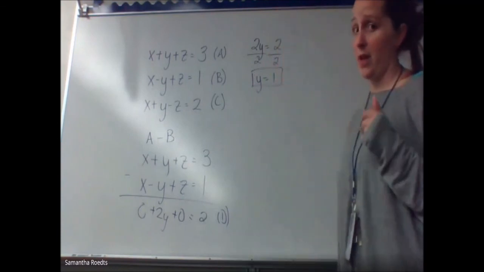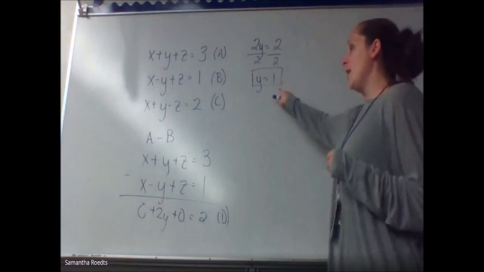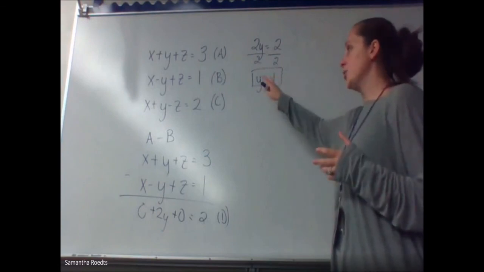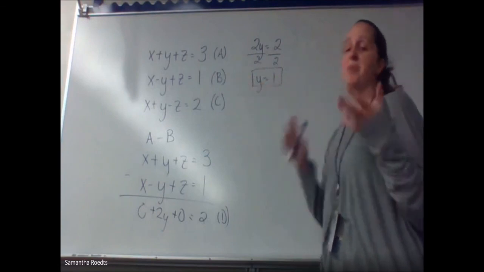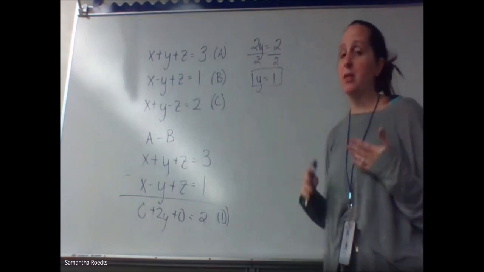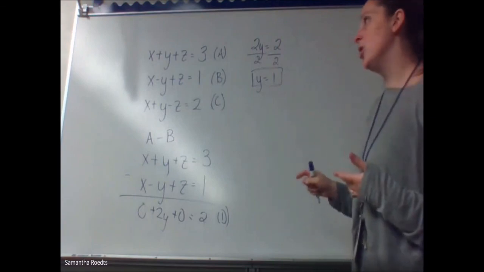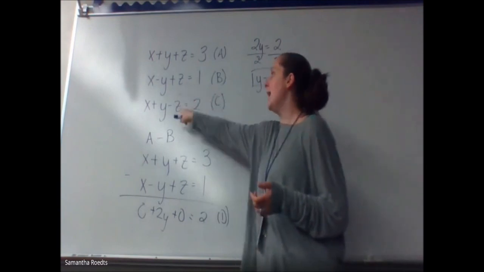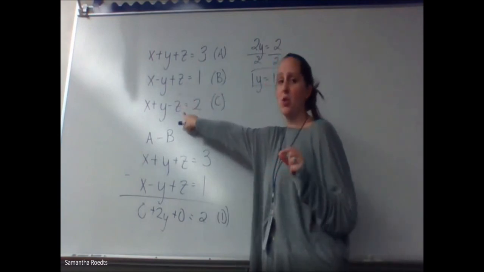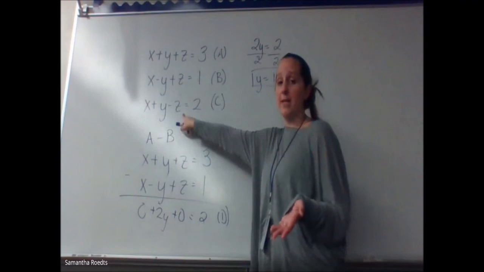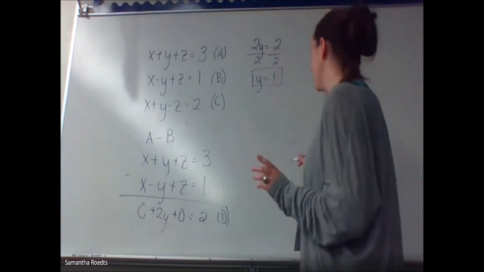That's great. I need to find the other two. So I have y equals 1, and I want to solve for either x or z. It doesn't matter which one you solve for. It's completely up to you. I do notice, though, that if I have z and negative z, I can add those two together and get rid of my z's, and I'd be left with x, hopefully.